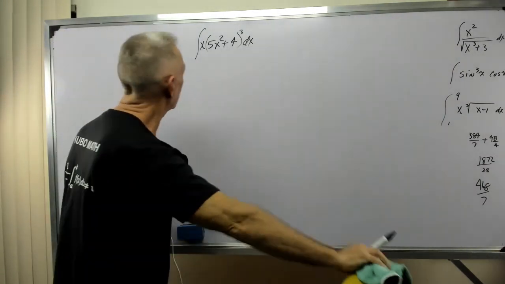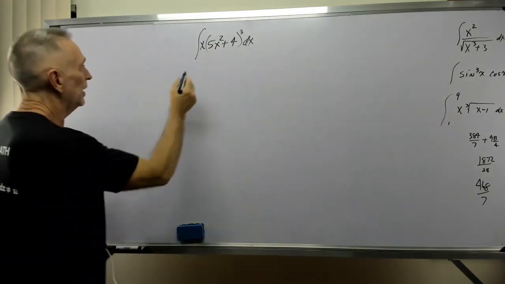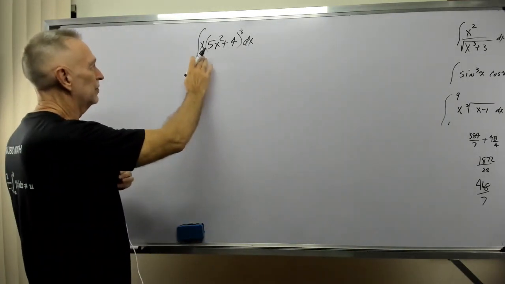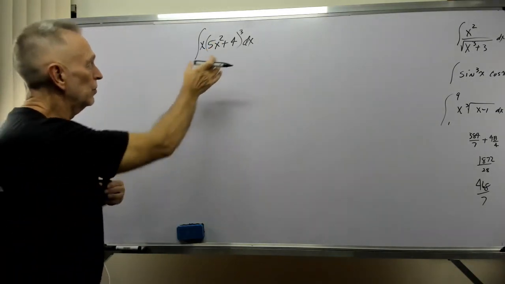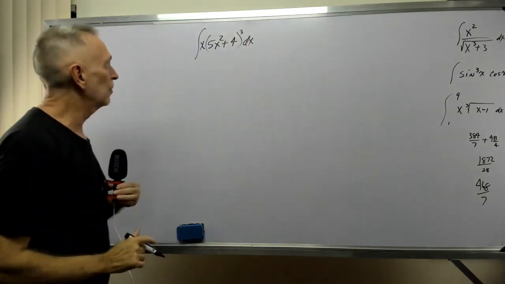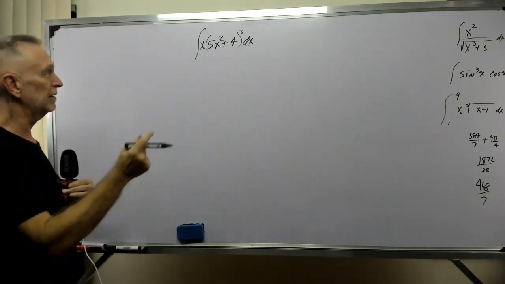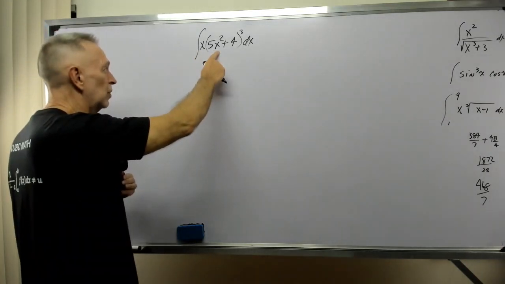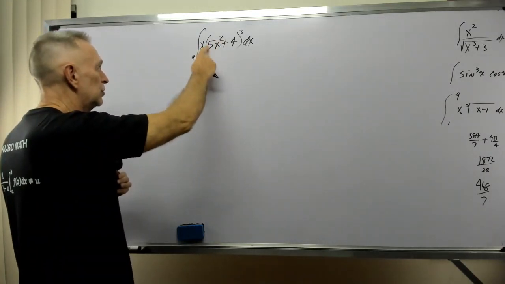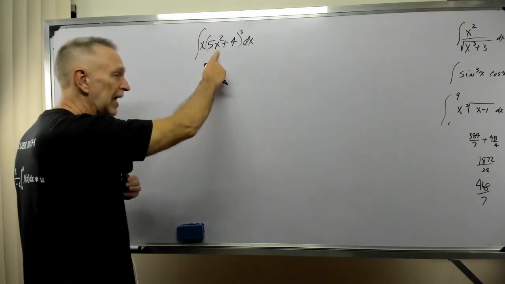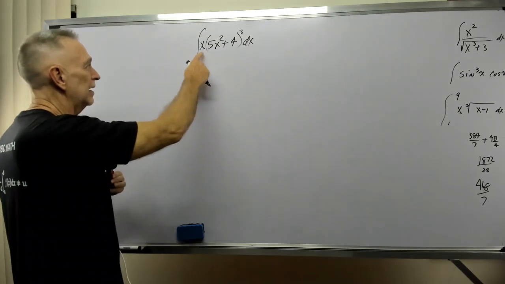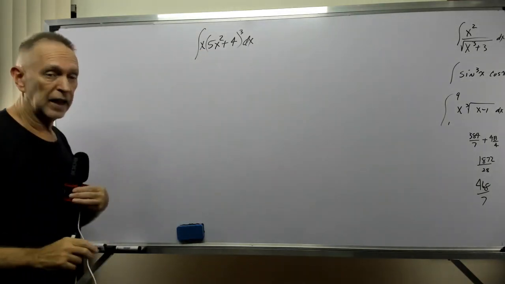All right, now then, we have the integral of x times (5x squared plus 4), all this raised to the 3rd power. So as you can see, if I take the derivative of what's on the inside, 2 times 5 is 10, but more importantly, I end up with an x term that's going to help me get rid of that x.